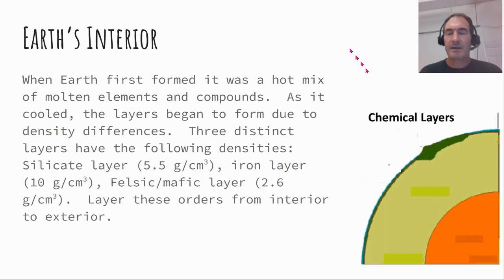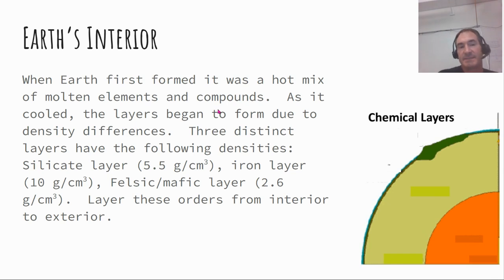Here's one that we'll talk about not too long from now when we get into our geosphere unit and talk about the composition of the different layers of Earth. Geologists theorize that when the Earth first formed, it was a hot mix of melted elements and compounds. These elements and compounds have different densities.